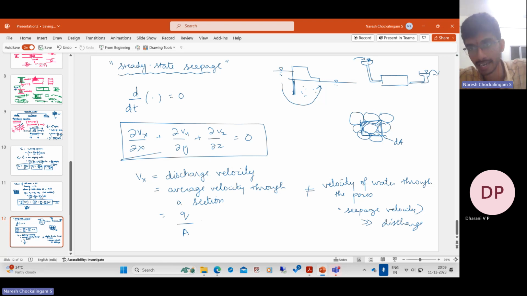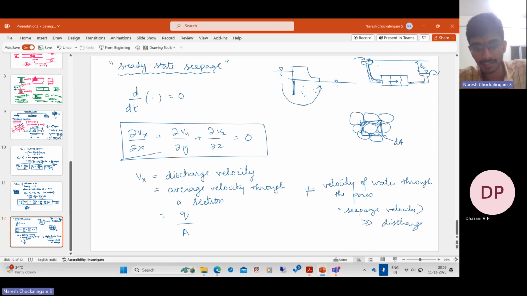Like you maintain a certain height, like how we have in the water tanks, and you maintain a certain difference in this height. This is called head level. If this is maintained constant, there will be a constant flow of water through the soil medium.